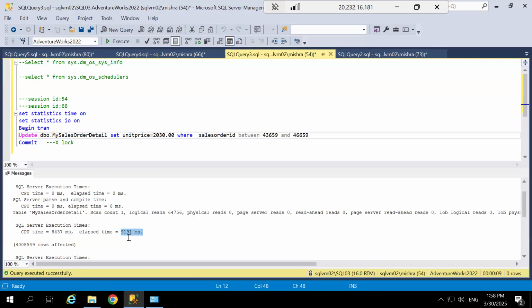So if you see a slight difference between the CPU time and elapsed time, you don't have to worry about it. Here we are fine. There is a difference of almost 600 to 700 milliseconds, right?